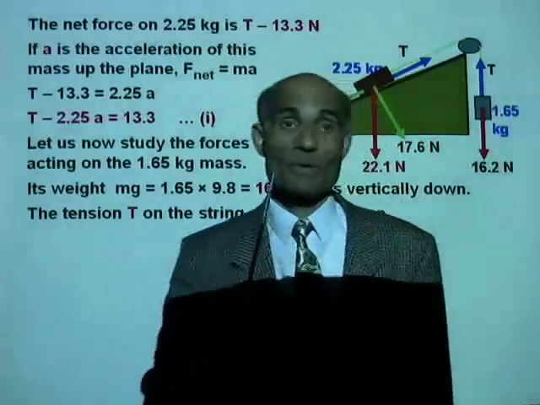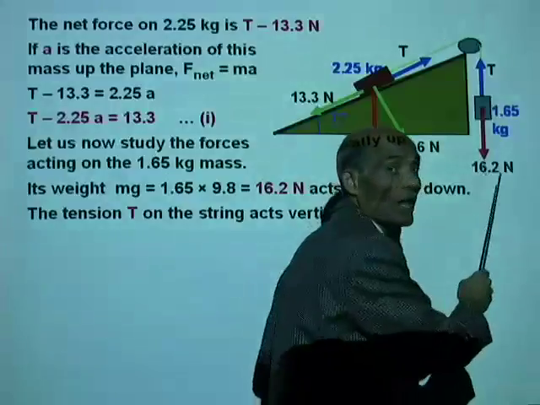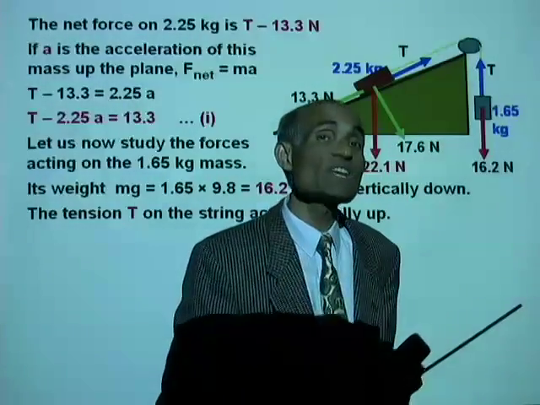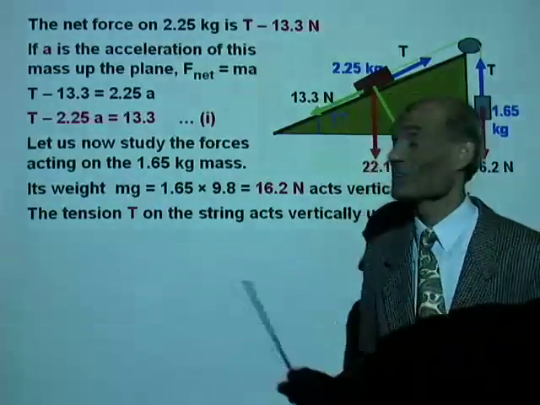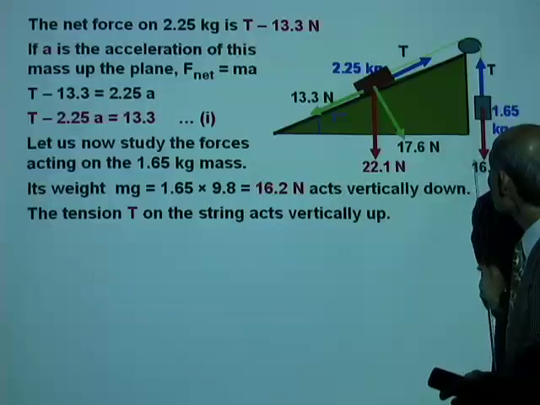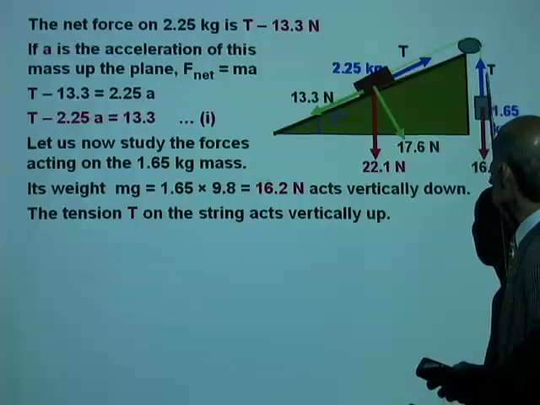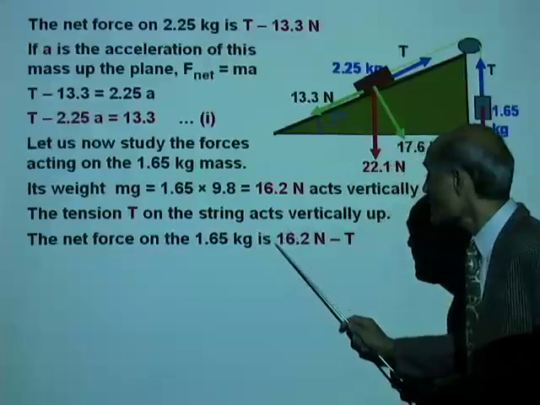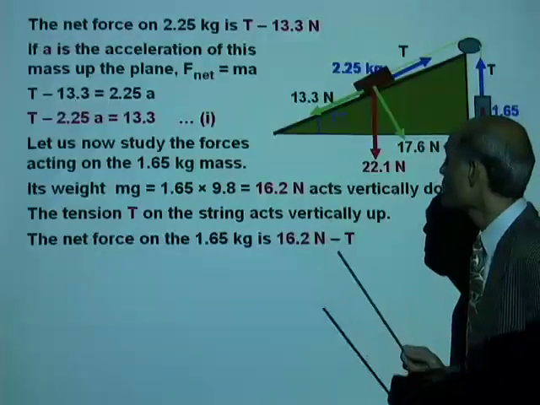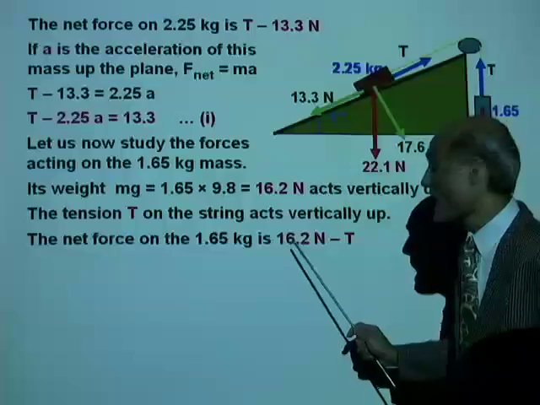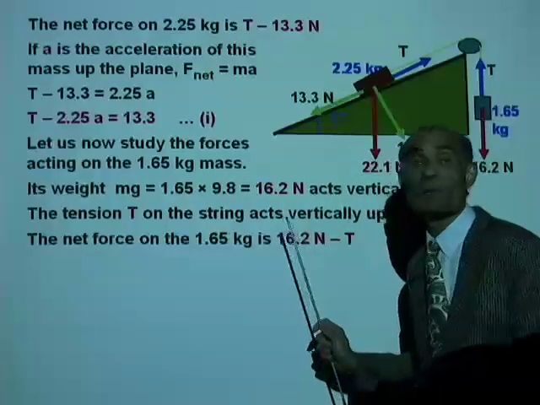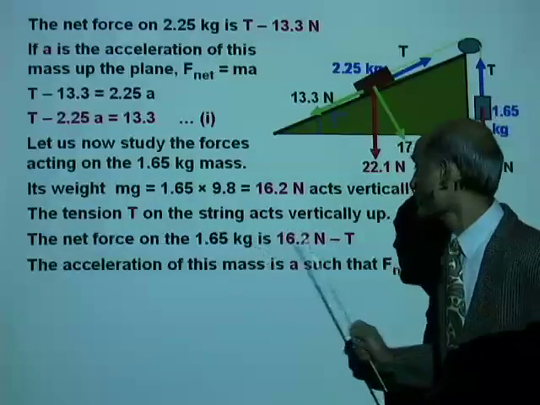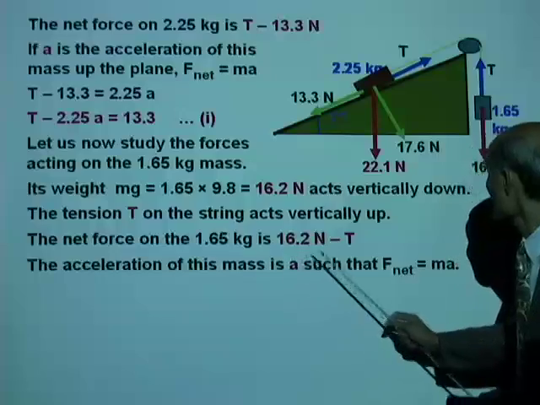Now, the mass is falling, which means what is the net force on that mass? The net force will be 16.2 minus T. This net force must be equal to mass times acceleration.